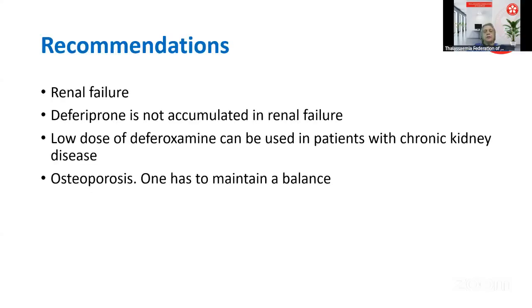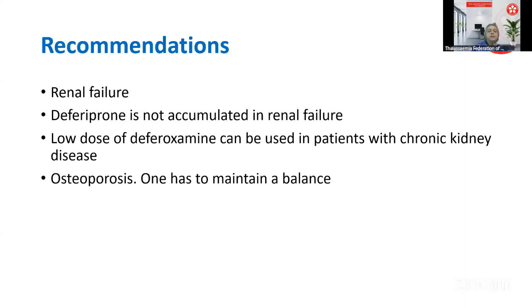Then there are certain recommendations. We all know that thalassemia can give rise to interstitial nephritis. They can also have concretions and they can also have renal failure because of the drugs they use, which are poorly monitored. So one has to see which specific complication the patient comes to you with.